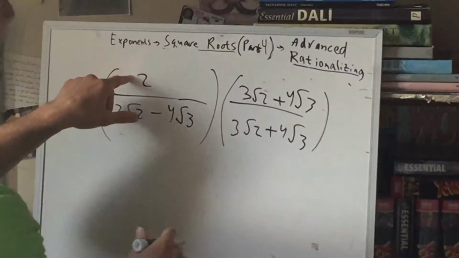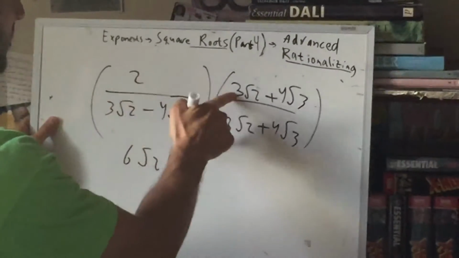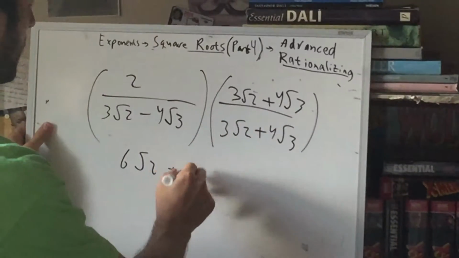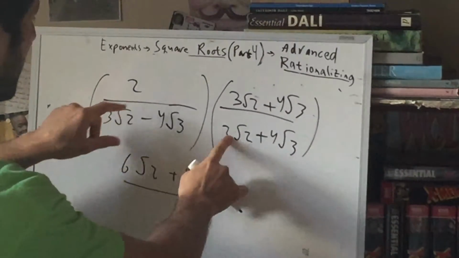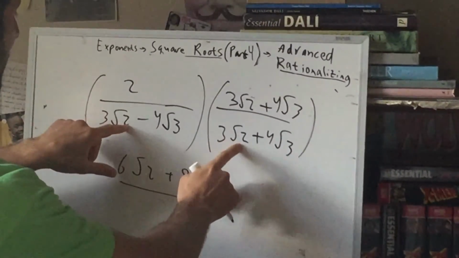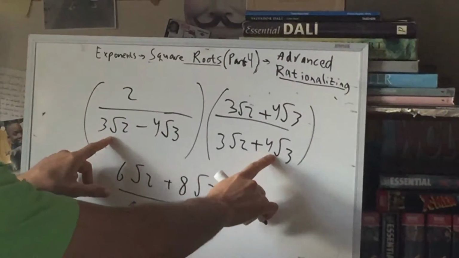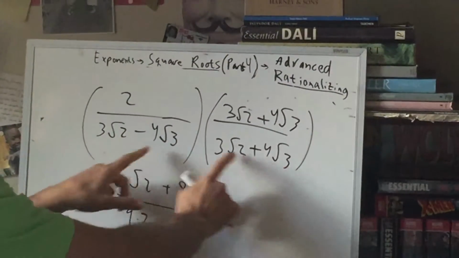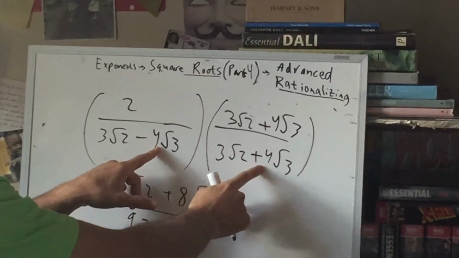All right, so the top is pretty straightforward. It's going to be 6 root 2, that's this part, and then that part's 8 root 3. Now the bottom part, this times this is going to be 9 times 2. That's going to give us a positive 12 root 6, but these two are going to give us a negative 12 root 6, which is why we picked this in the first place.